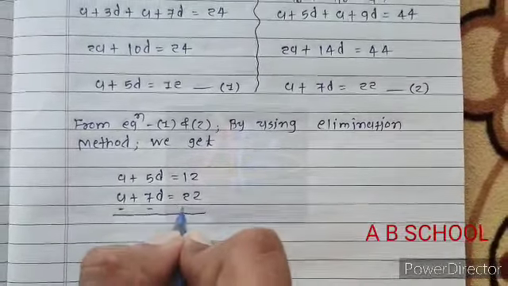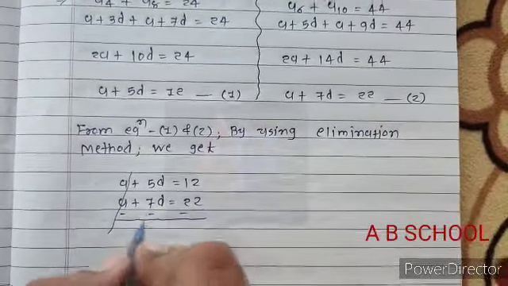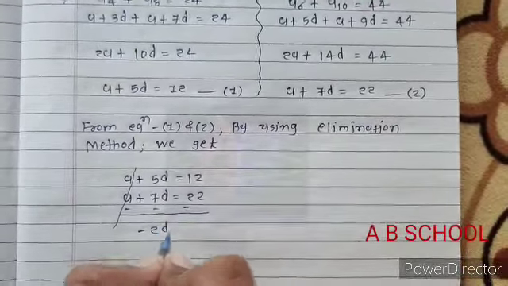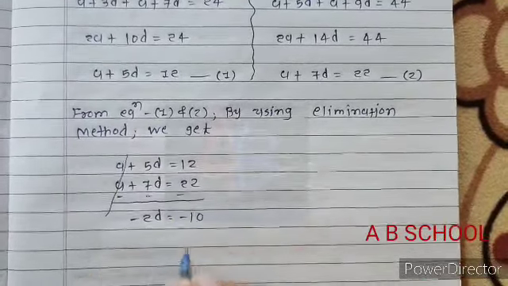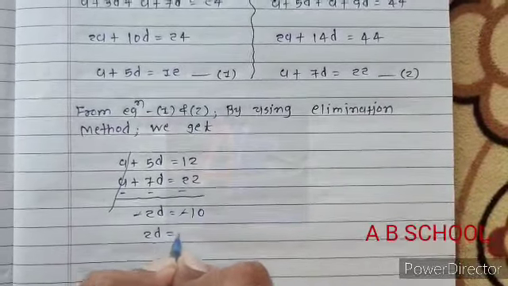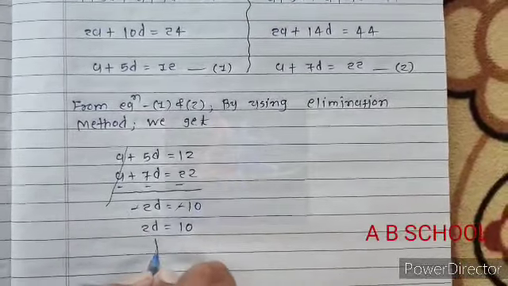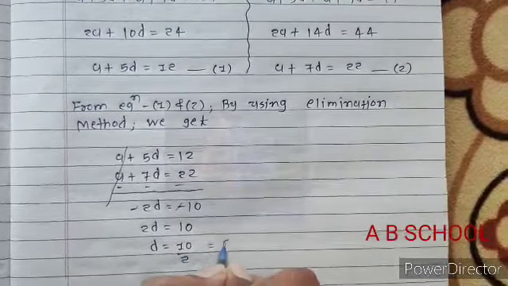Subtracting, A minus A cancel, 5D minus 7D is minus 2D, 12 minus 22 is minus 10. Minus cancel, 2D is equal to 10, D is equal to 10 by 2, which is 5.